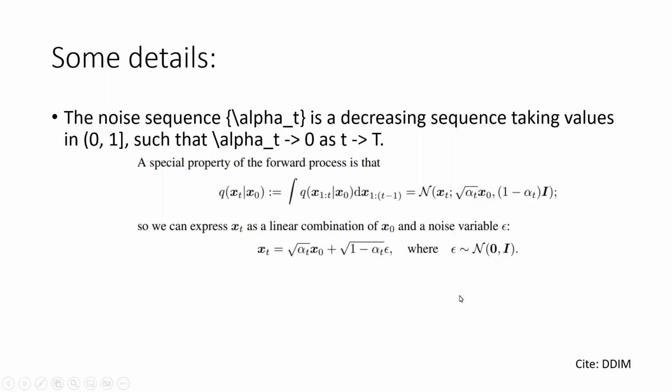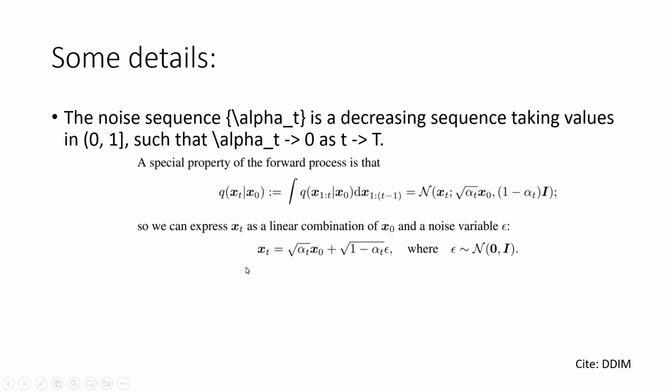So rather than adding noise t times to transform x0 into xt, we can simply apply this formula at the bottom to obtain any xt directly.